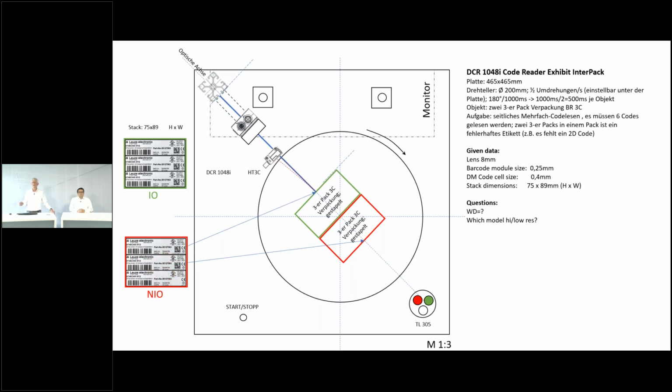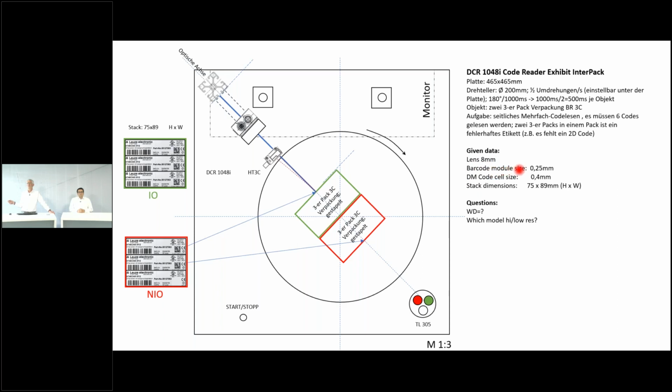And now the task is we have to set up the application, and we have to switch on a green LED if 6 codes are in the image, and a red LED if there are less than 6 codes in the image. What is given: we should use the basic default lens with an 8 millimeter focal length.